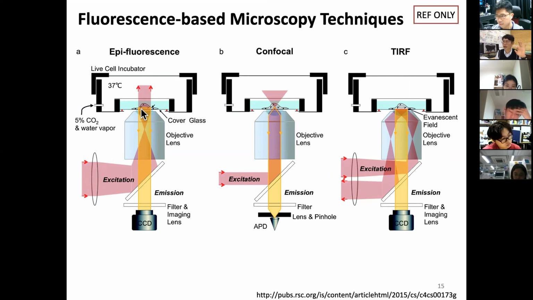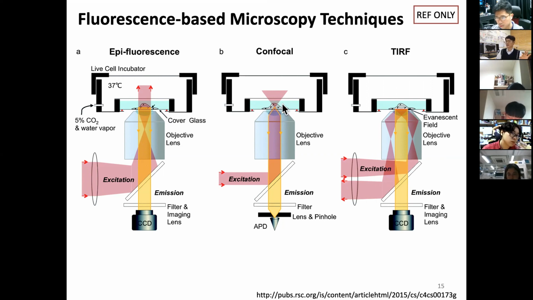Epifluorescence will shine through the sample, while this is an inverted geometry, so that you can have a cell culture, you open up the space, you can have patch clamping, you can have electrophysiology from the top. So that's why we use an inverted microscope. But look at confocal, the excitation light actually focuses down inside the sample.